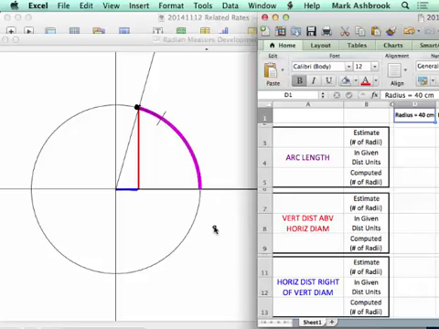Estimate the total length of the purple arc using the radius as the measuring stick, and estimate that. Go. Does it make sense?